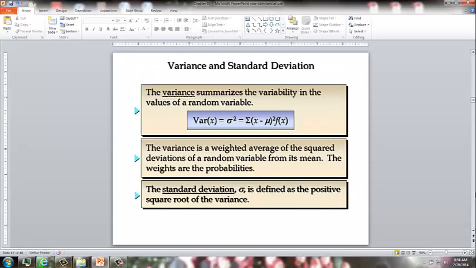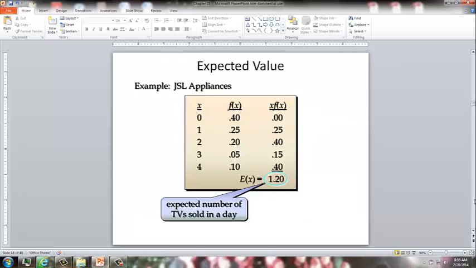Similarly, the variance and the standard deviation can be calculated for a discrete random variable. These definitions are just copied from Chapter 3. So let's consider again the example of the appliance store. And this table just shows the relative frequencies. In the second column, the third column multiplies each outcome by its respective relative frequency.